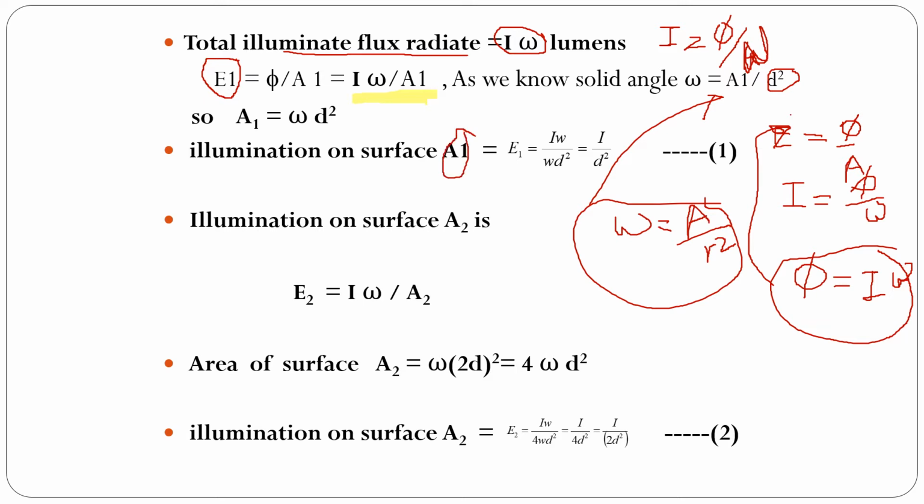So E1 is equal to I into omega upon omega d square. Why is it so? Because we put the value of omega over here. So I get E1 is equal to I by d square.